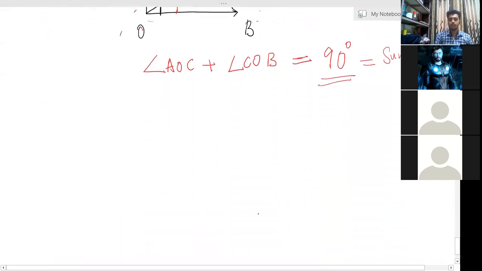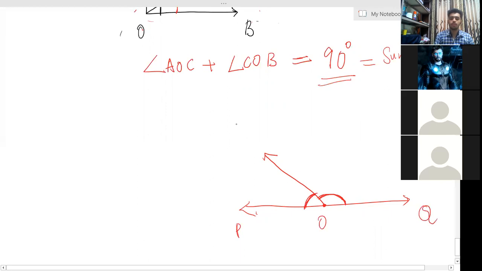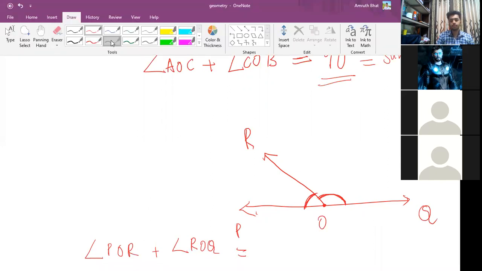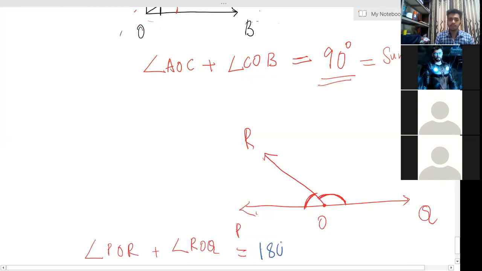Similarly, let me draw a straight line over here, a straight angle, and let me have another ray over here like this. So now I have two angles over here. Let's say this is P, O, Q, and R. Now what is angle POR plus angle ROQ? 180 degrees. Yes.